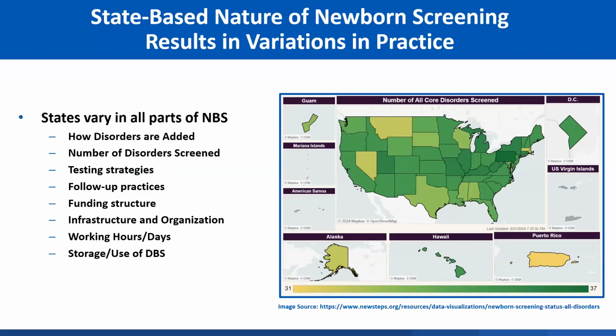So this is well known, and when state programs get together, they're very much aware of differences. But in speaking to these programs, even though they come from very different situations, they really do lean into each other to be able to gain experiences that can be shared across their respective programs.